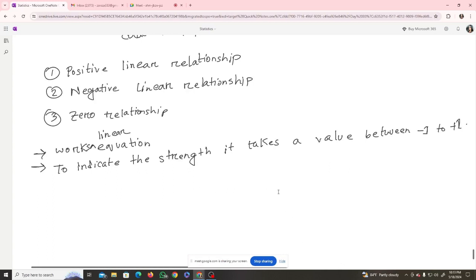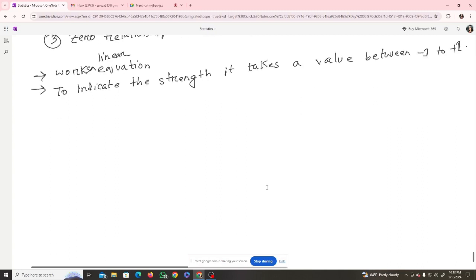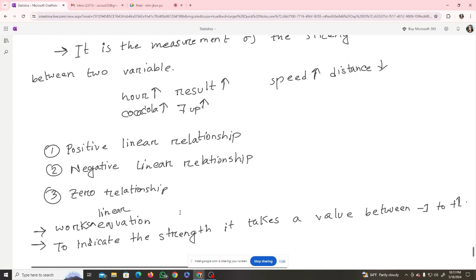Alright. Now let's look at some examples so that we can understand it more clearly. If we talk about positive linear relationship, we can give an example such as a person's income increases with age. So in that case, when the age of a person is increasing, his or her income is also increasing. This is a very general case.